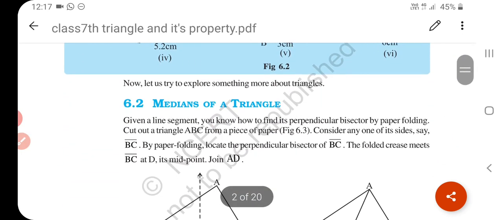Now if we talk about the median of a triangle, before we talk about the median of a triangle, remember these things. In a triangle there are three angles. Understand?